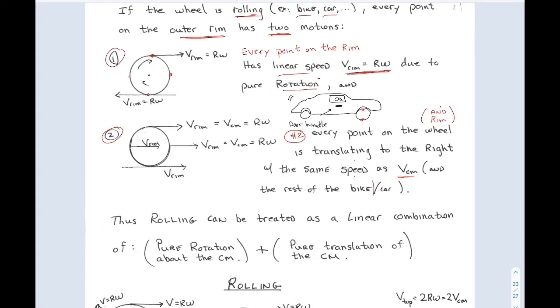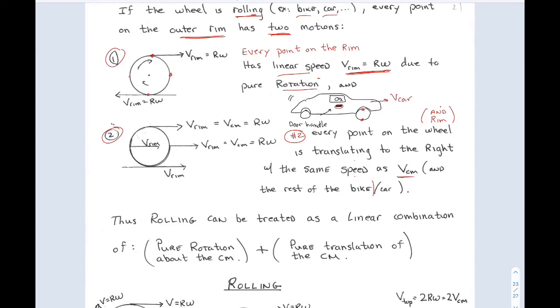For example, here's my car, headed to the right. That's the speed of the car, right? So every part of the car is moving to the right with the same speed as the door handle, as the person, and every point on the wheel.